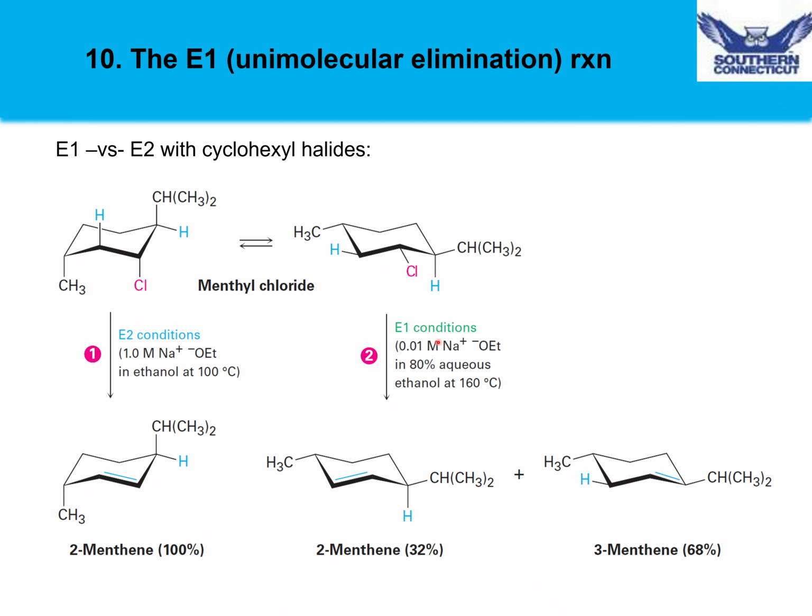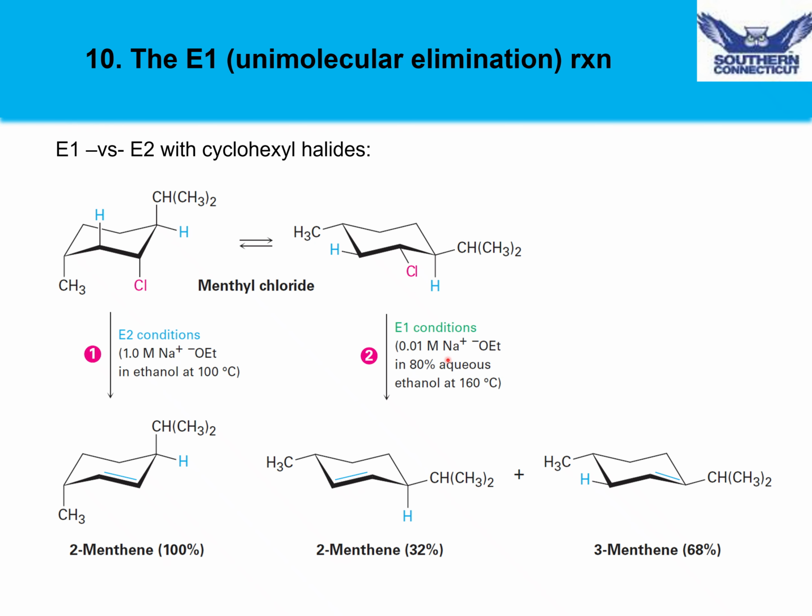The base would then remove a hydrogen on the adjacent carbons. So it could be this one or that one. We would get a double bond on the left, double bond on the right. And so we would have two possible alkene products when we do this under E1 conditions. Again, that highlights the fact that the anti-periplanar geometry is not required for the E1 reaction.